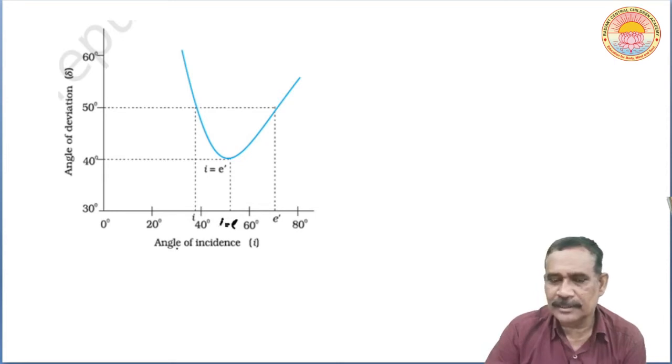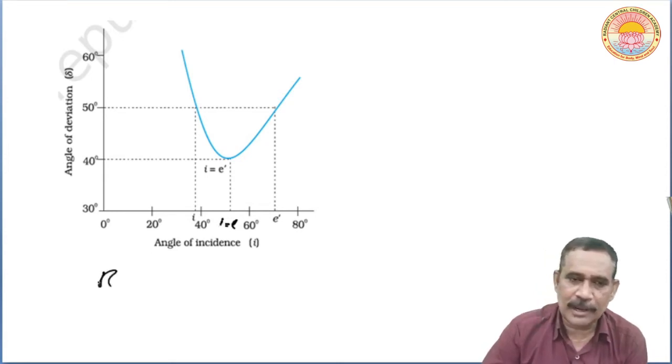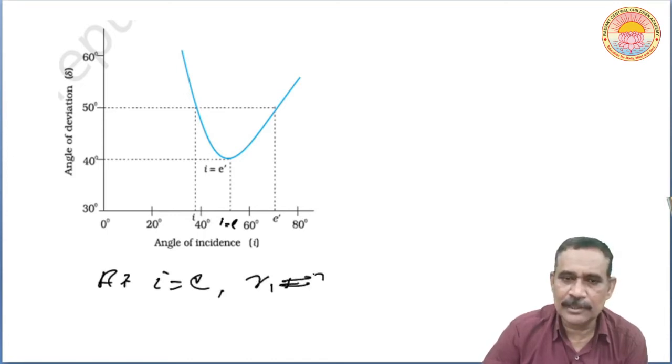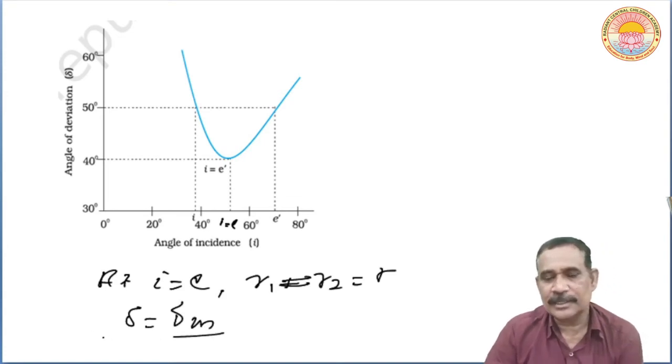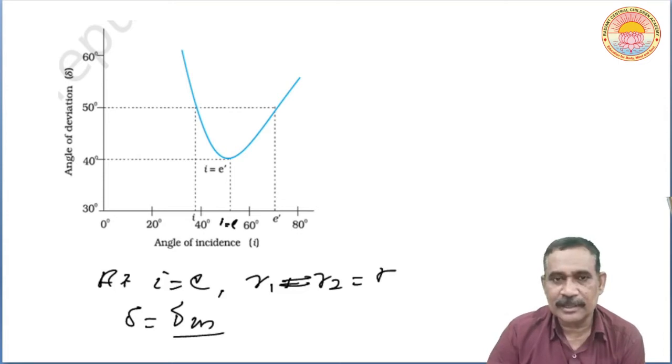In this condition R1 equals R2, say R, and delta is equal to delta M. This delta M is called the angle of minimum deviation, made by the incident ray and emergent ray.